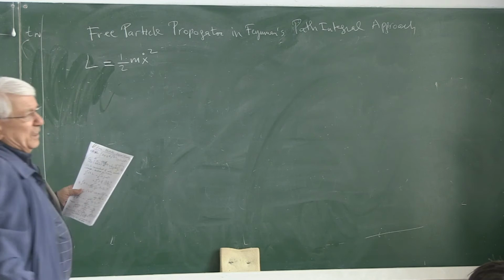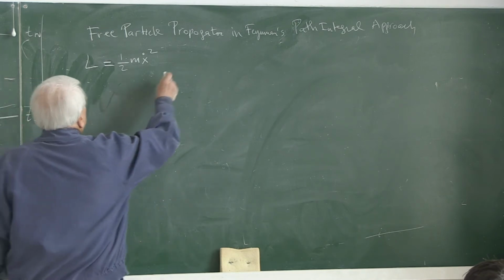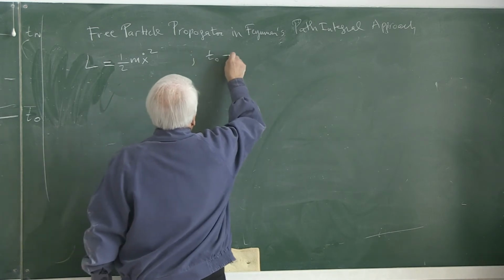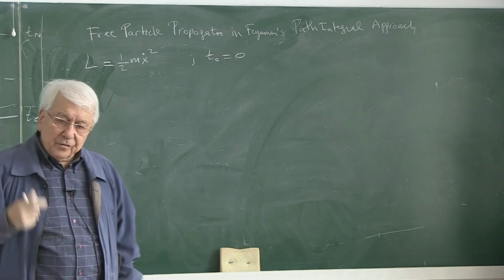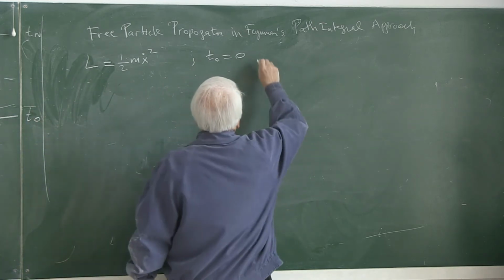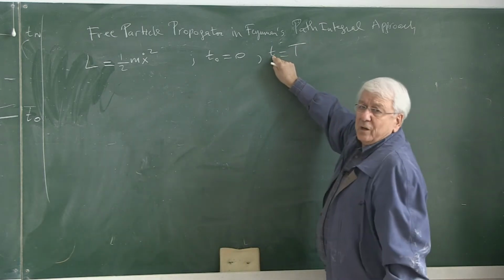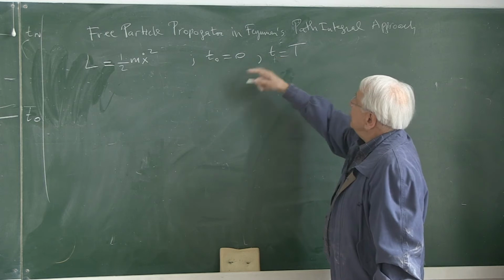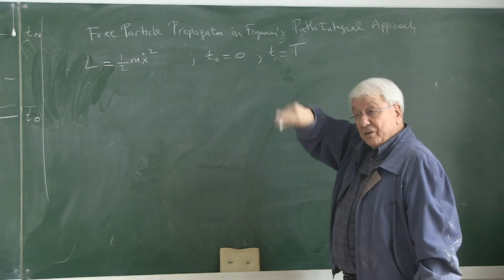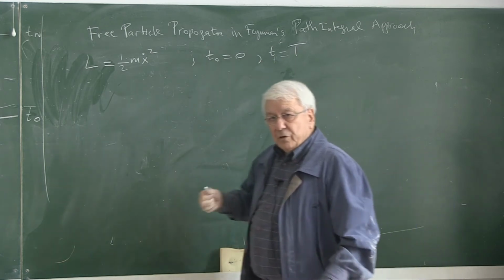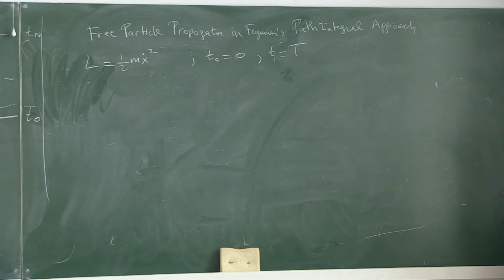Let me introduce a set of notations simplifying things. I will take the initial time to be 0 for simplicity instead of carrying over t minus t0, and I will take the final time to be capital T, so that I can use the ordinary t without primes for the generic integrations, because I want to simplify the notation. You'll see why I need that simplification.